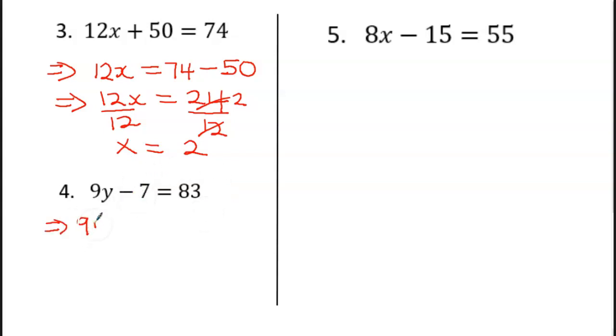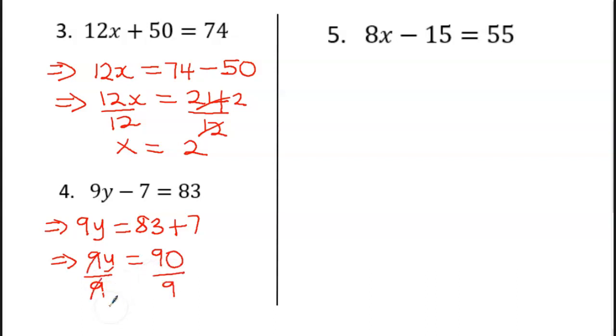So 9y is equal to 83 plus 7, because when it crosses the equal sign, it becomes positive. 9y then becomes 83 plus 7, giving us 90. To find y, let's divide both sides by 9. So y is equal to 90 over 9, which is 10.